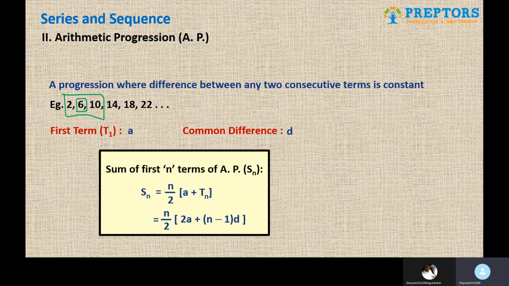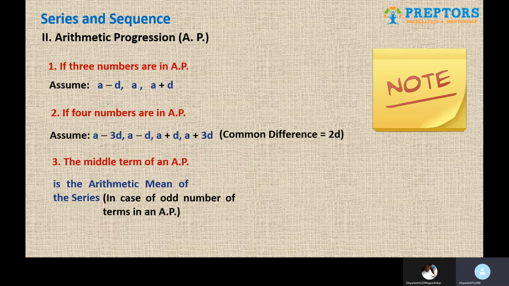So the middle term of the arithmetic progression is the arithmetic mean, or in simple words, it is the average of the entire series. But mind you, that is only applicable for an odd number of terms. So these are the things that you need to remember in terms of formula, in terms of concepts, as far as arithmetic progressions are concerned.